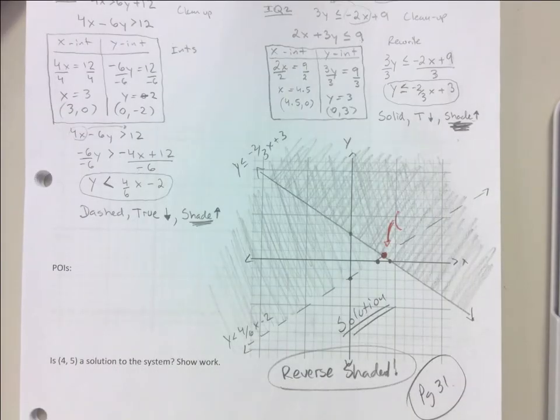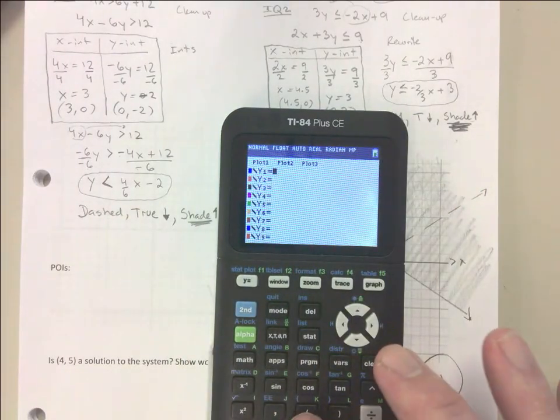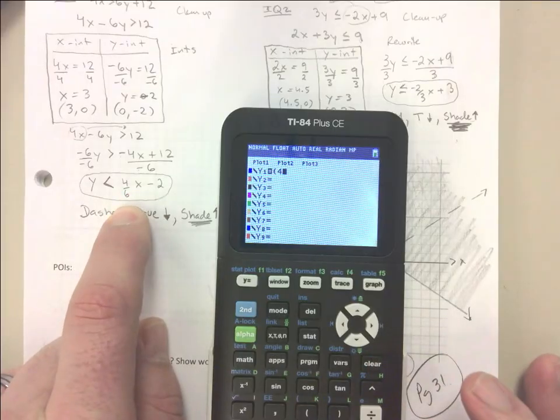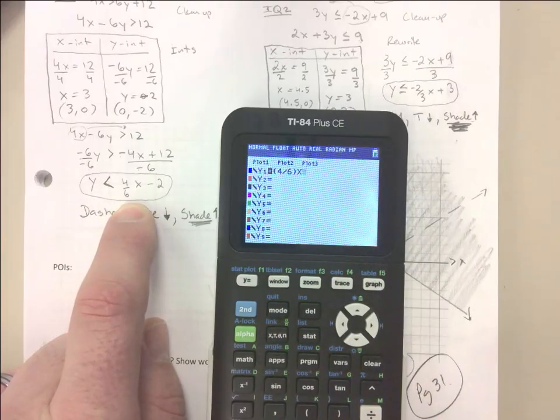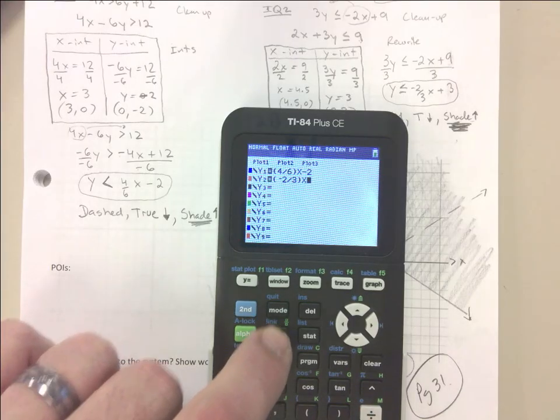Good practice to review how to use our calculators, right? So I'll show you how I enter it. If there is a fraction in front of my variable, I put that fraction in a bracket, like so. And then the next one is -2/3, right? So I go -2 divided by 3, close the bracket, x plus 3.